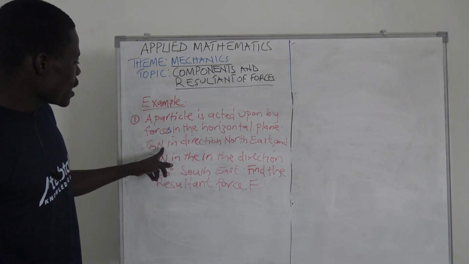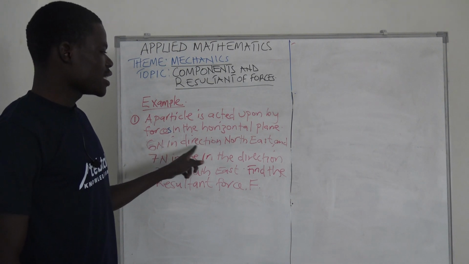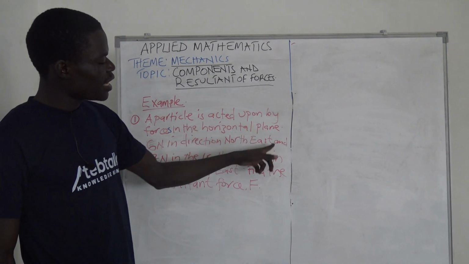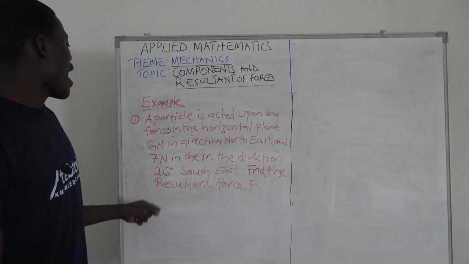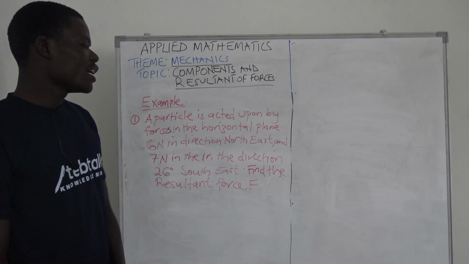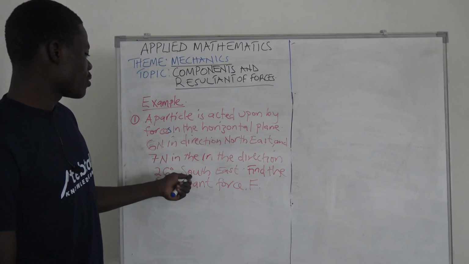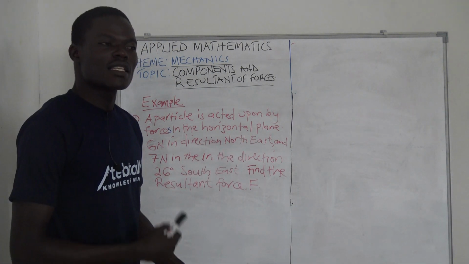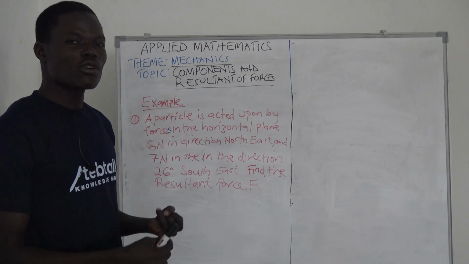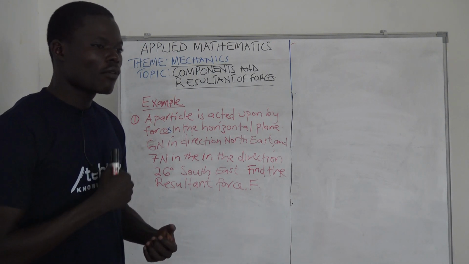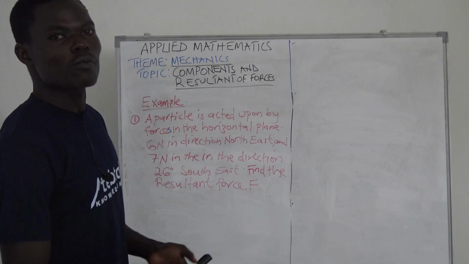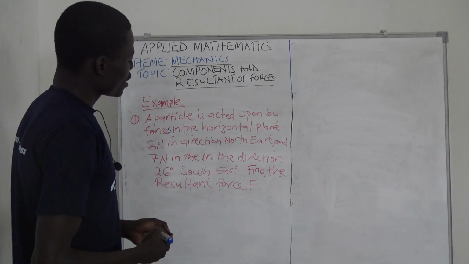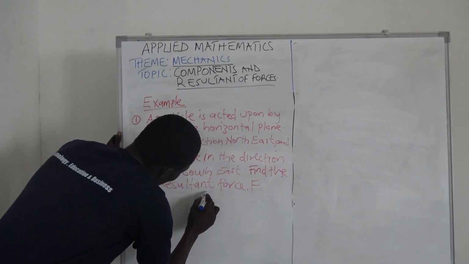A 6 Newton force is in the direction northeast, and a 7 Newton force is in the direction 26 degrees southeast. Find the resultant force F. So let us sketch our forces. This is our solution.